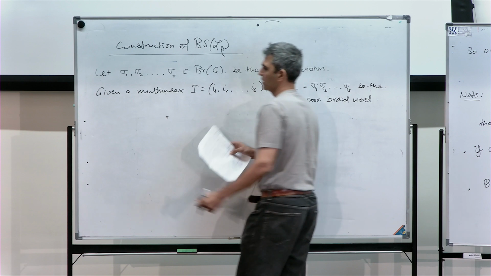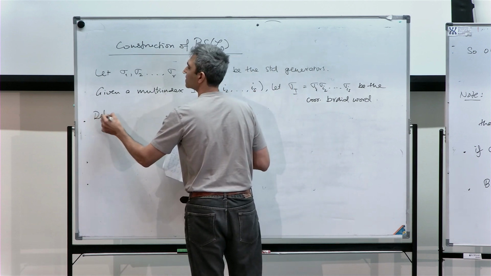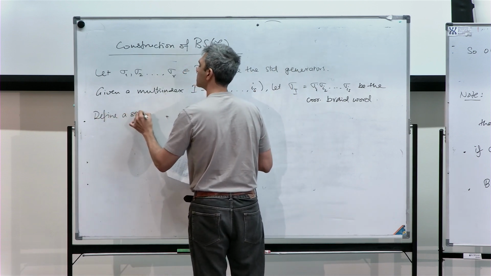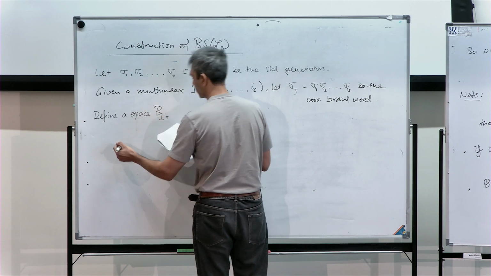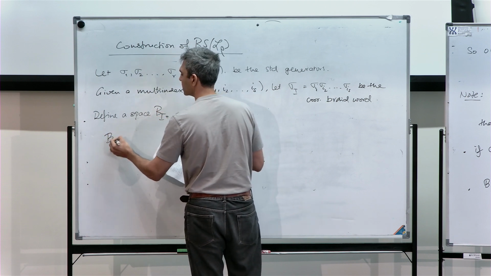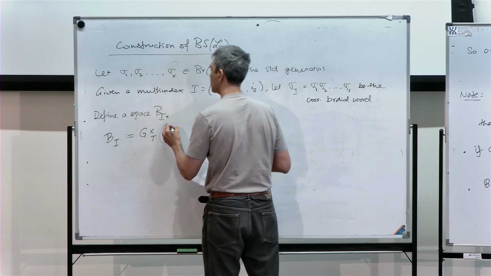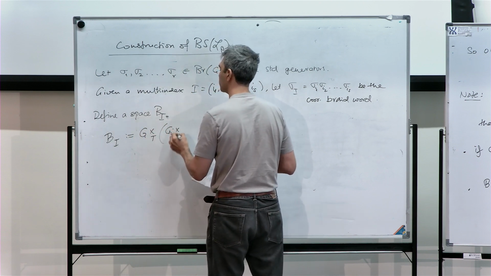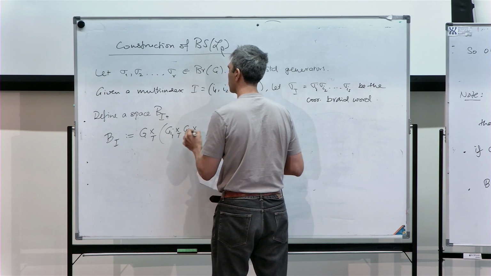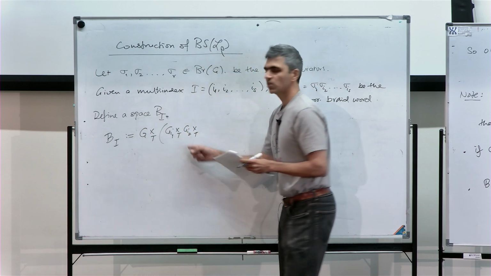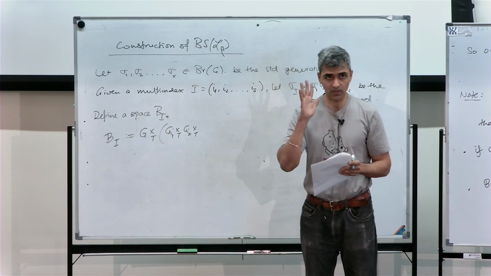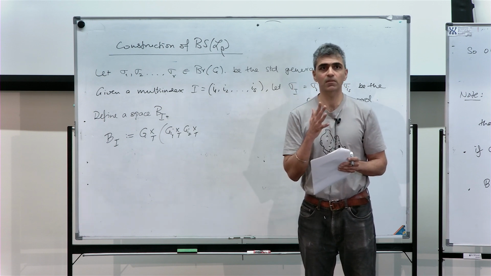Okay, so let me define a space B sub I as follows. G crossed over T, G_I1 crossed over T, G_I2 crossed over T, and so on. Remember these G_I1, G_I2 correspond to codimension 1 walls of your Weyl alcove.